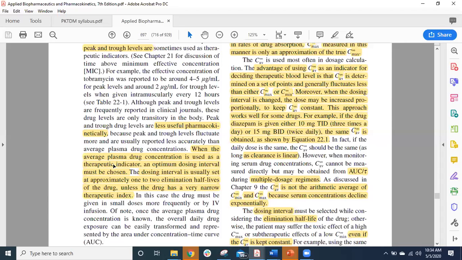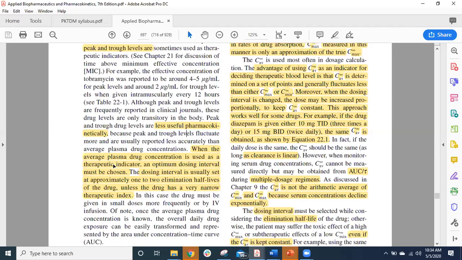But here is a warning for you. Don't just generalize and fix the frequency based only on elimination half-life. This applies only to drugs which have a wide therapeutic index.